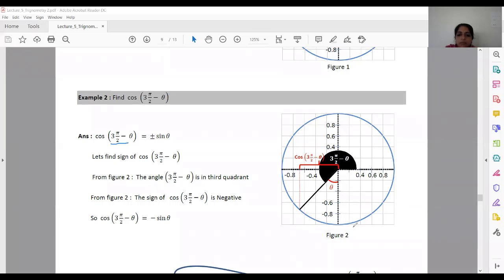This is 3 pi by 2, minus theta, so we have to go in the clockwise direction. So 3 pi by 2 minus theta is in the third quadrant, and in the third quadrant, cos is negative. So our answer is negative.